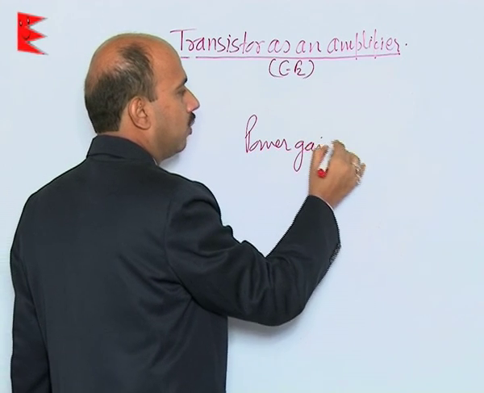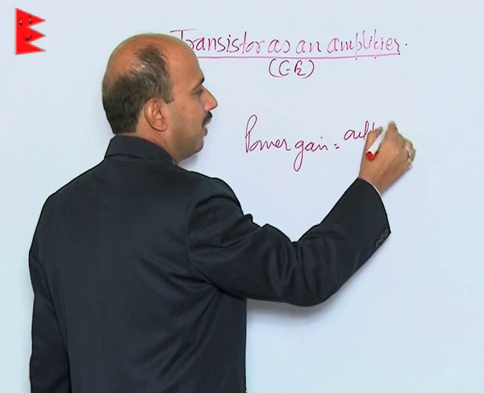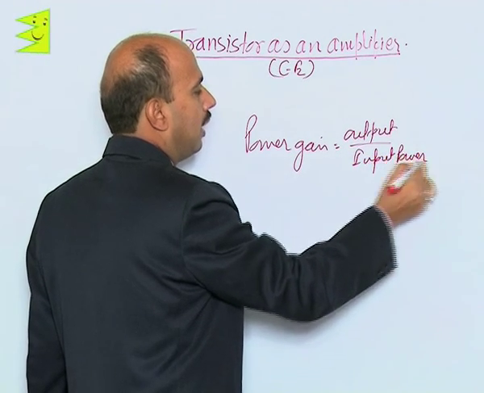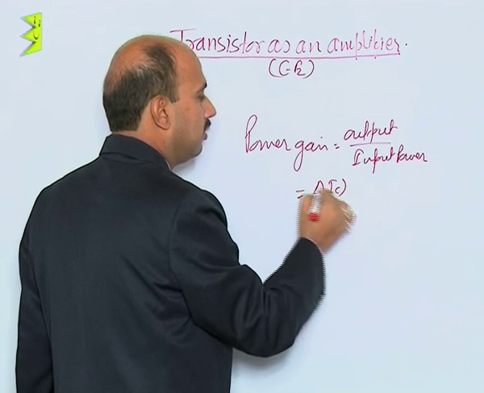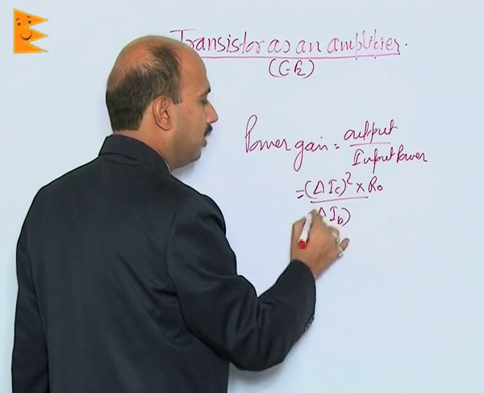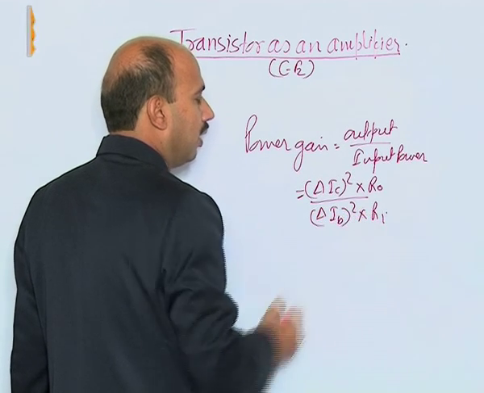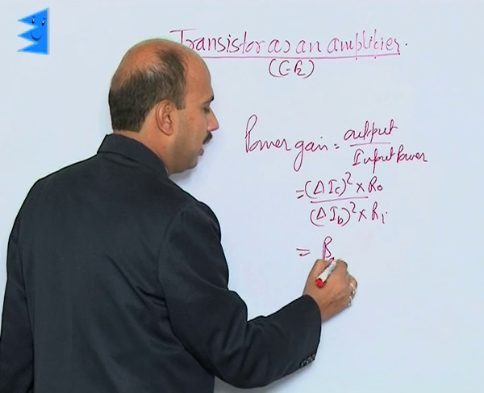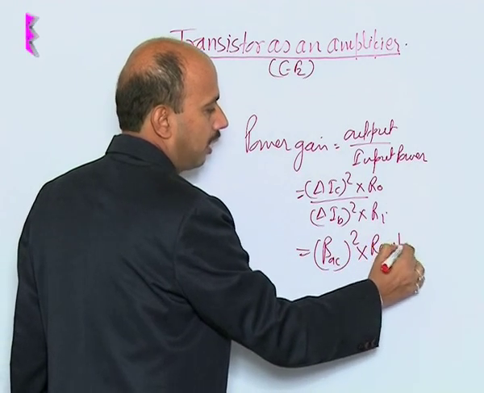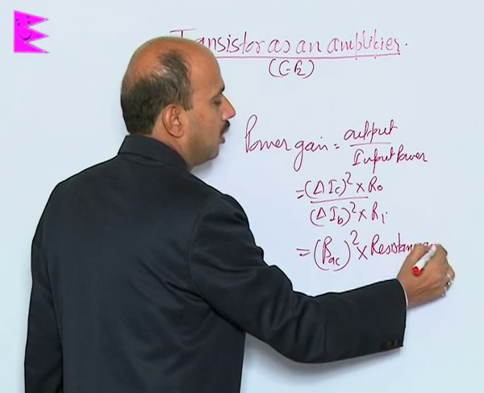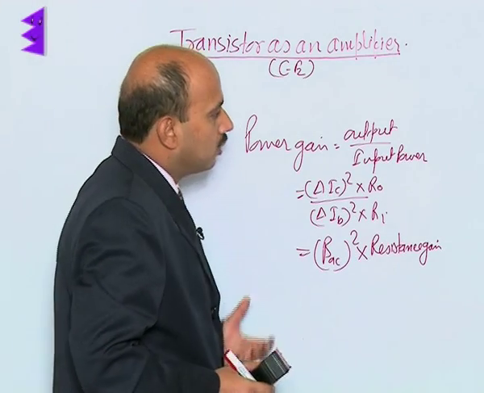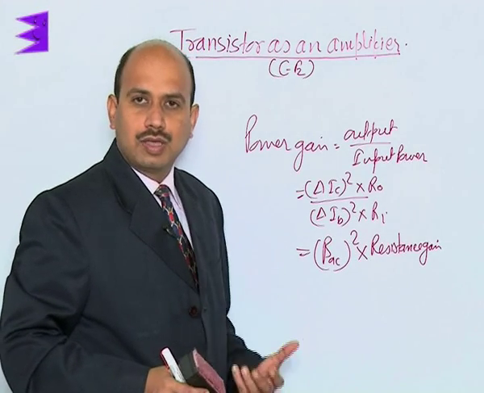Power gain is equal to output power divided by input power, that is change in IC square into R naught divided by change in IB square into RI, and this we can write as beta AC square, that is the amplification factor, into resistance gain. So this is the amplifier, its working, and the different gains like the current gain, voltage gain and power gain.